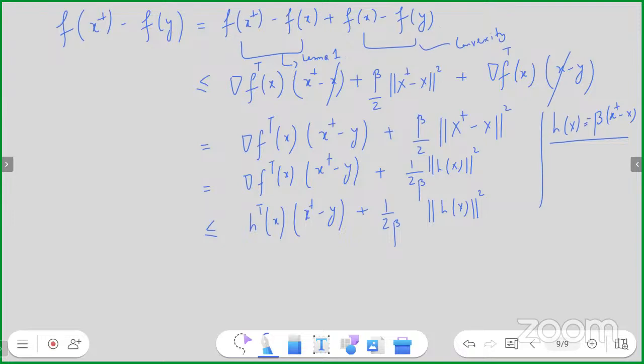This is the definition of h of x. That's all. And don't touch the last term, touch the first term.